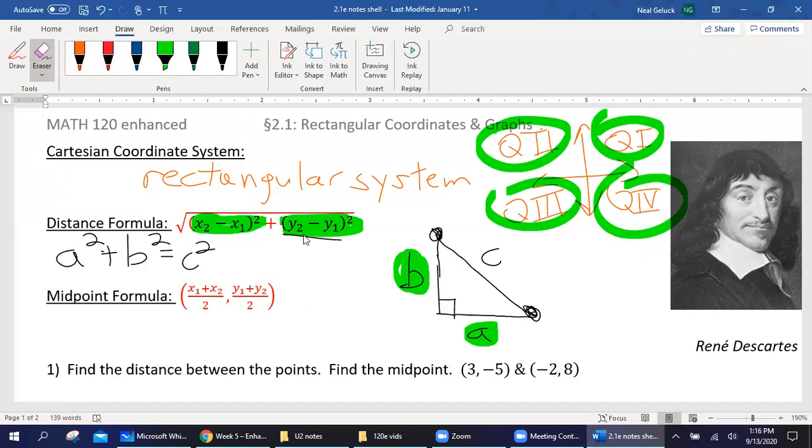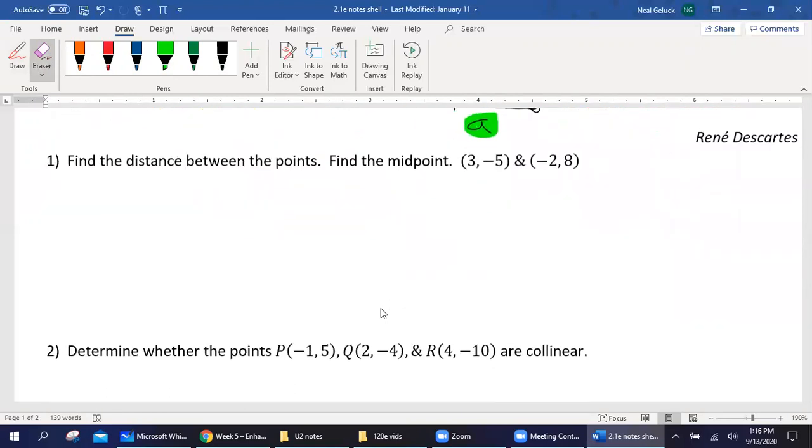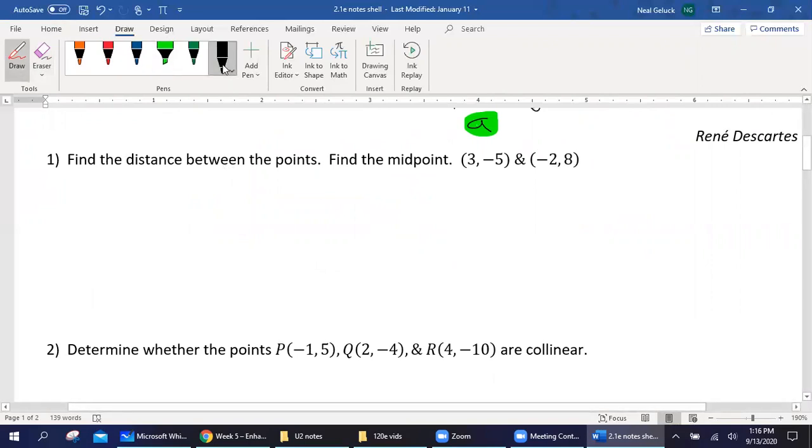So these are formulas you will have to know, but we'll use them several times. So distance formula clearly takes a lot longer. Find the distance between the points. If it helps, you can label them x1, y1, x2, y2.